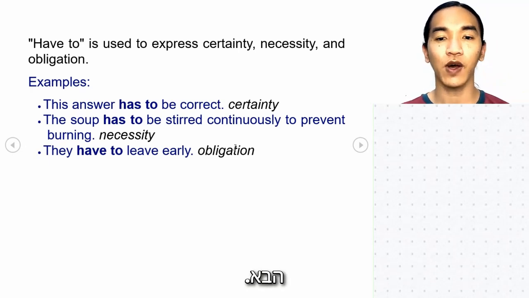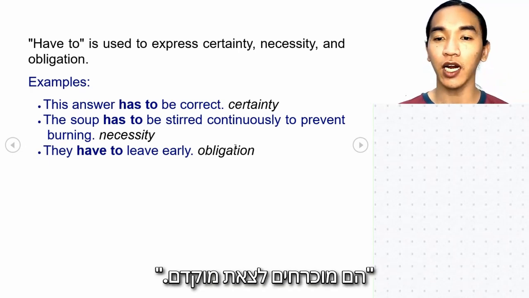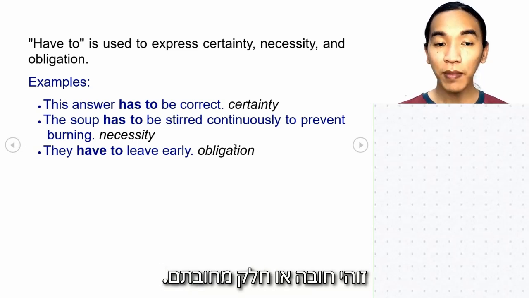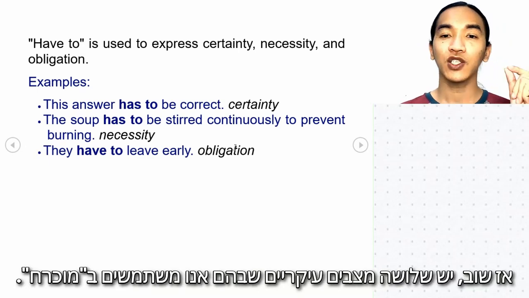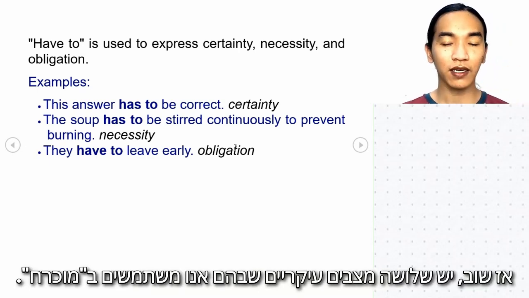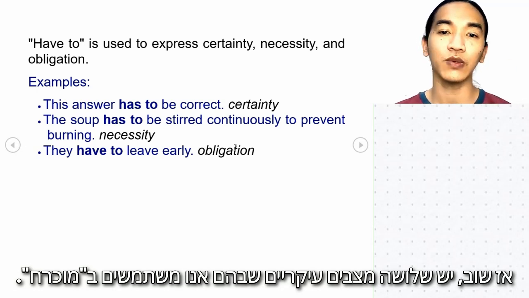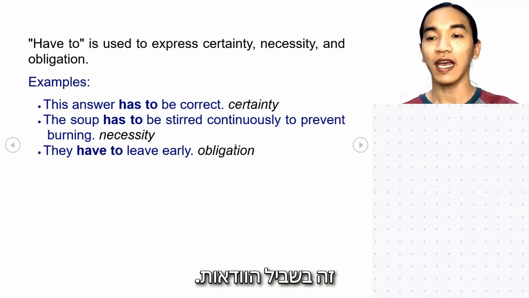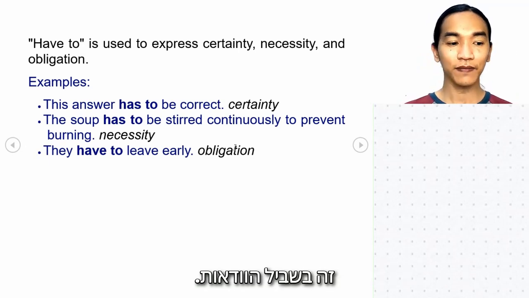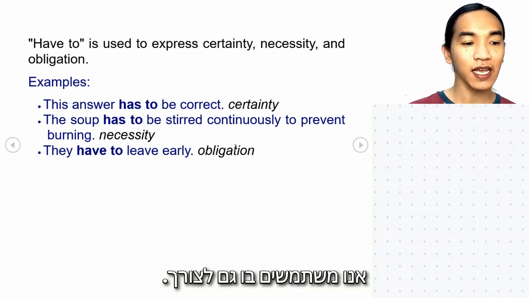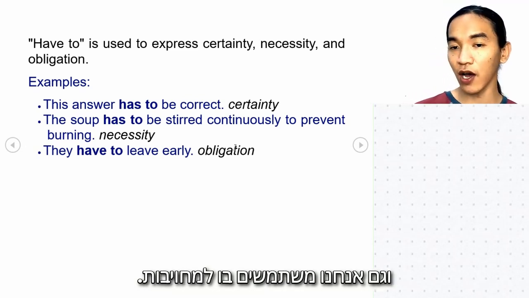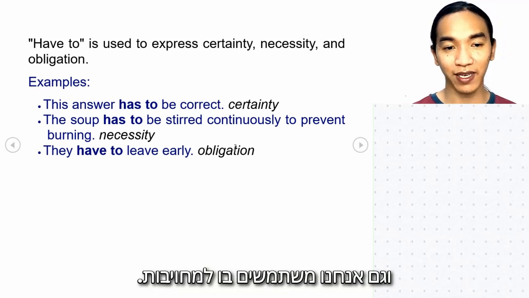Next one, they have to leave early. This is an obligation or part of their duty. So once again, there are three main situations where we use have to. It is for certainty. We also use it for necessity. And also, we use it for obligation.